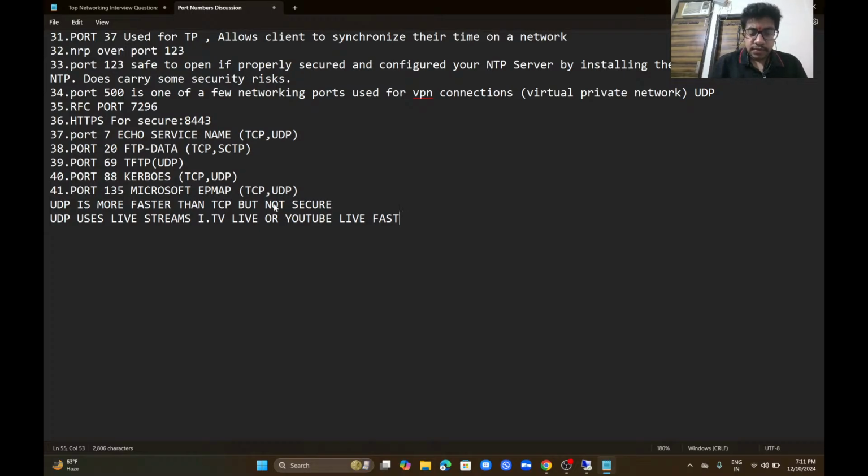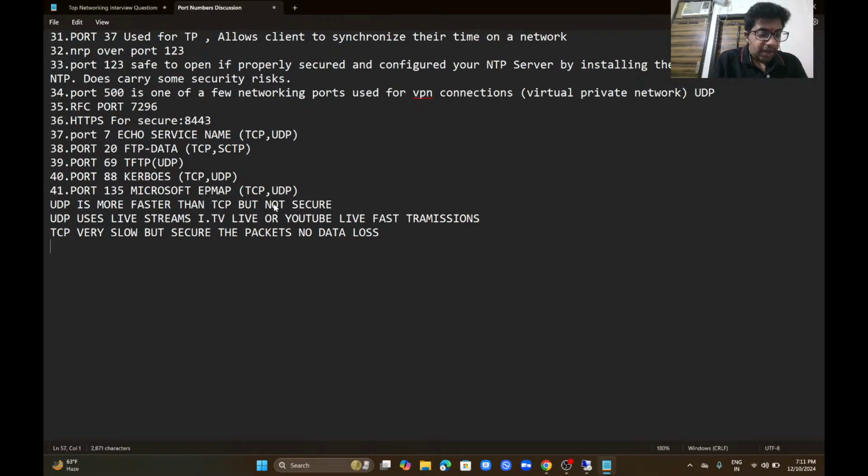But TCP is very slow, but secure. It secures the packets, with no data loss.